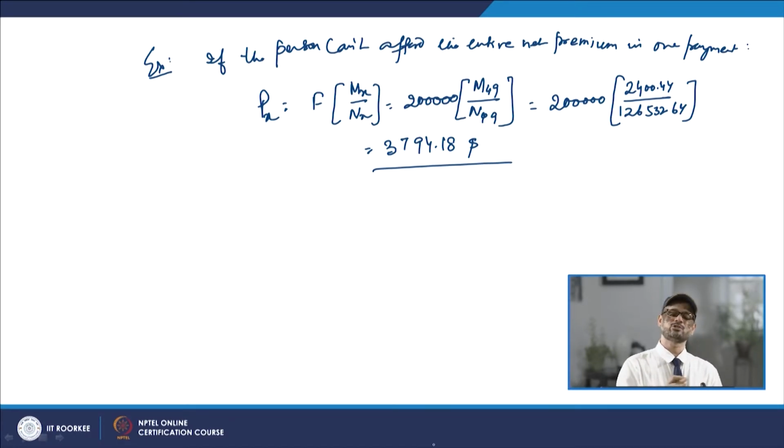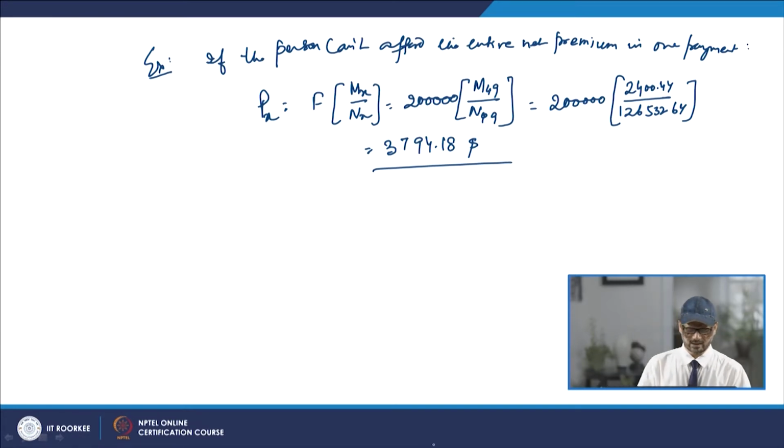Now, if he wishes to pay for the whole life, in that case he has to only pay 3,794.18 every year, so that he can be sure that after his death the survivor will be getting 2 lakh rupees. So, that is how it goes for such cases.